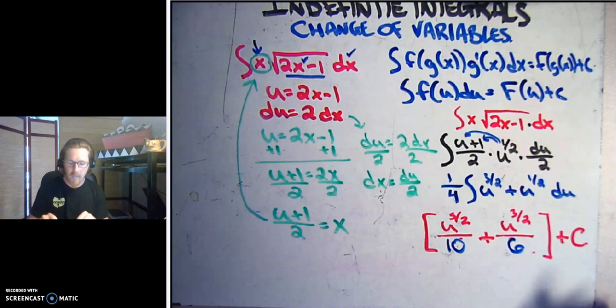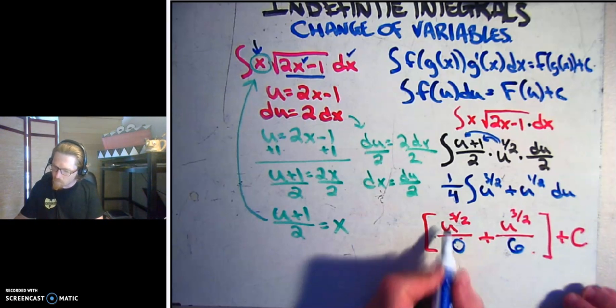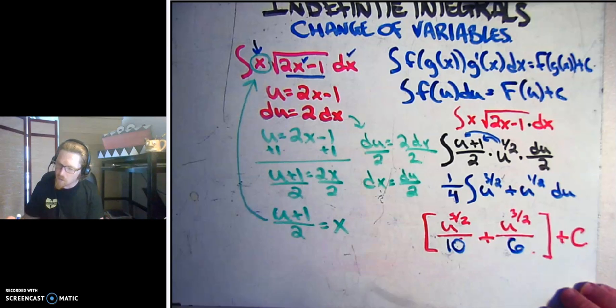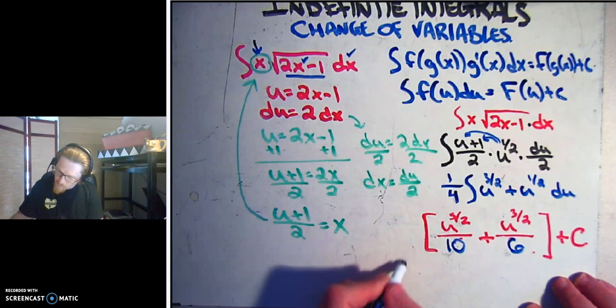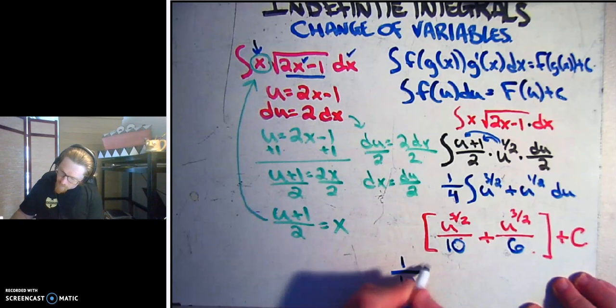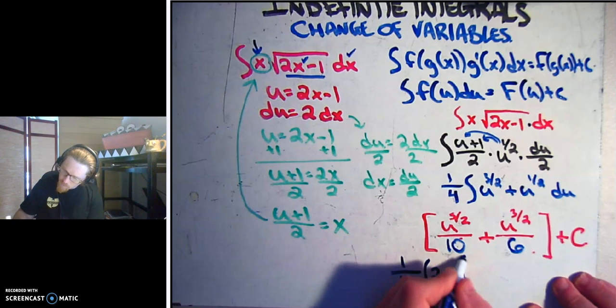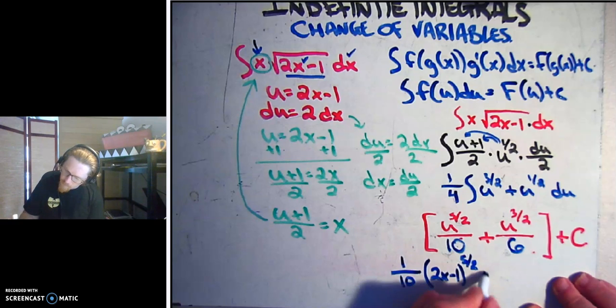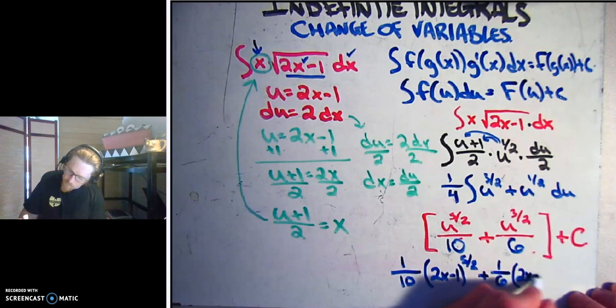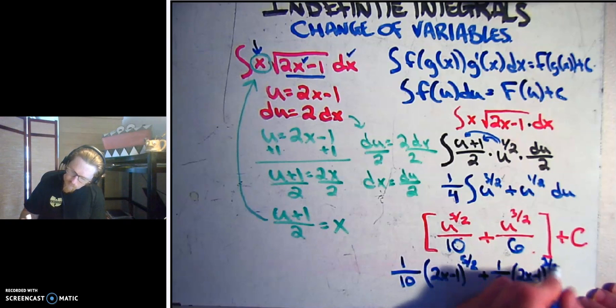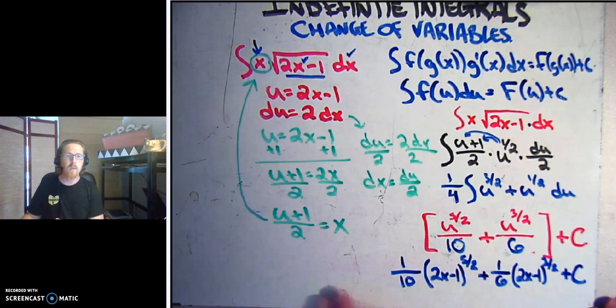And now let's go back and write our final answer with our u substitution. u is really 2x minus 1. So I have 1/10 times 2x minus 1 to the 5/2 plus 1/6 times 2x minus 1 to the 3/2, and then plus c for my indefinite integral.